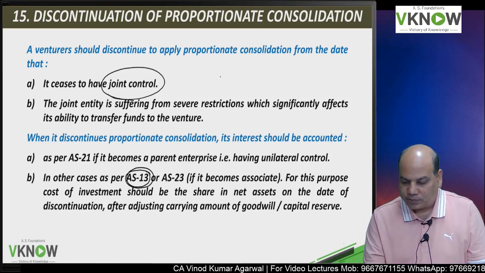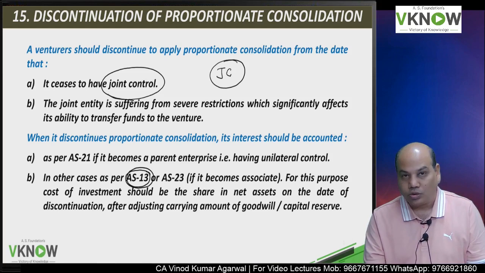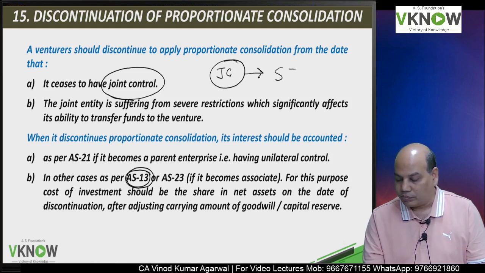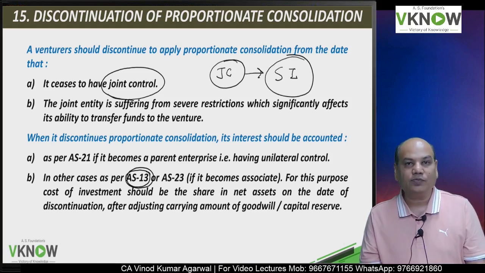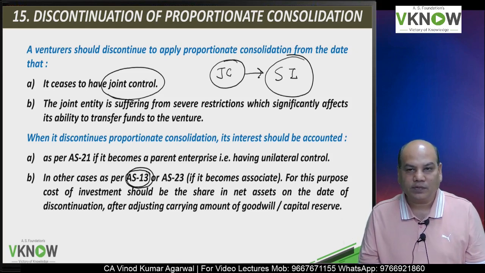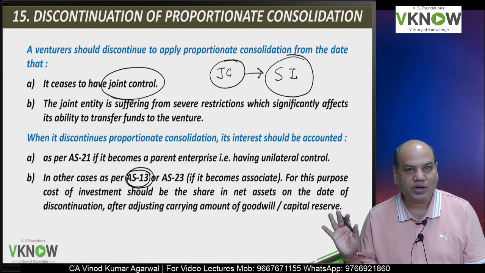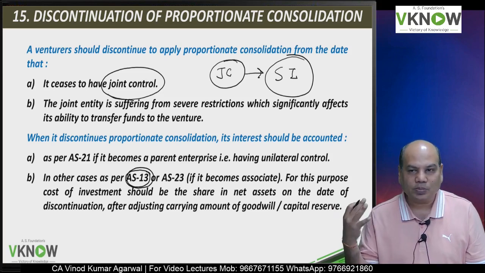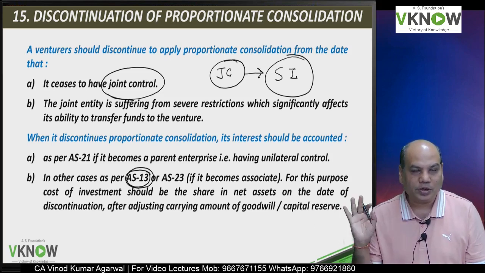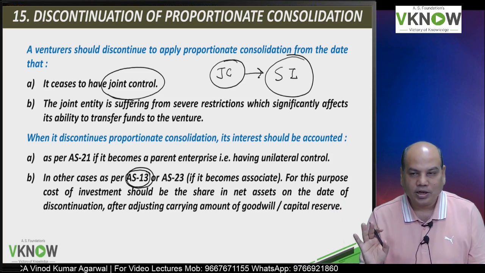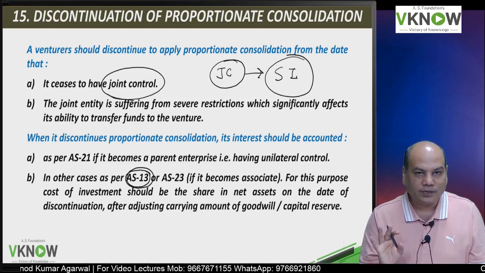Another possibility, earlier you had joint control, now you have significant influence. You have given up joint control and you are saying that I am happy with just being an investor. Now I cannot participate in the financial and operating policy decision matter. I just want my dividend.